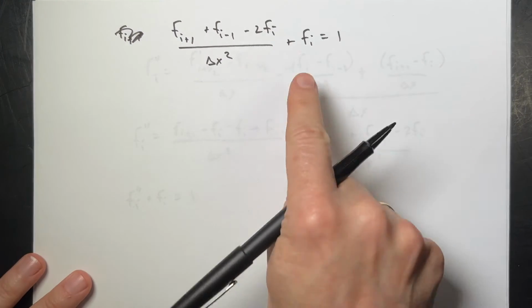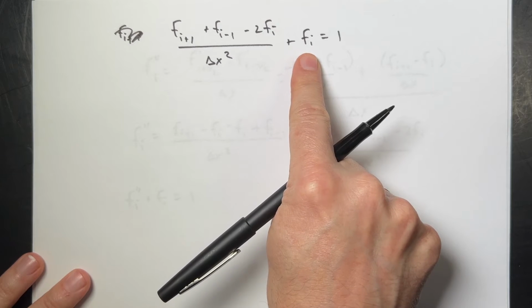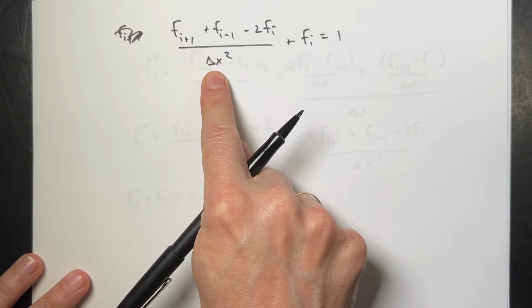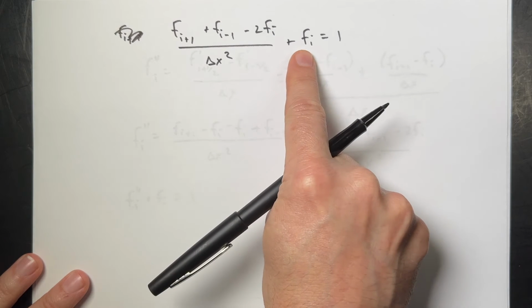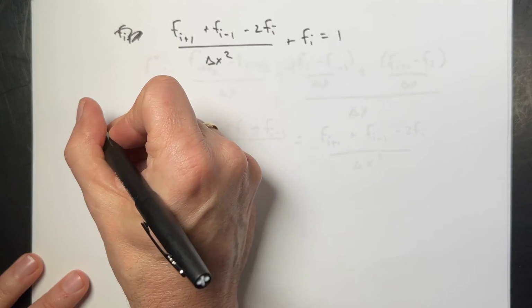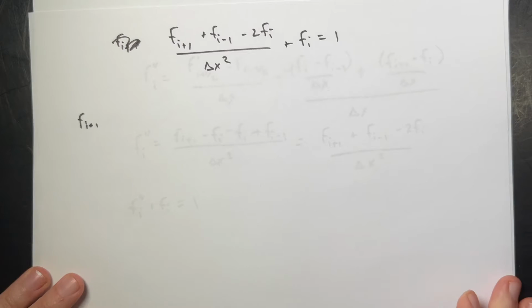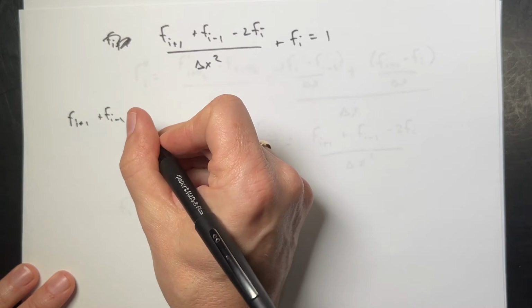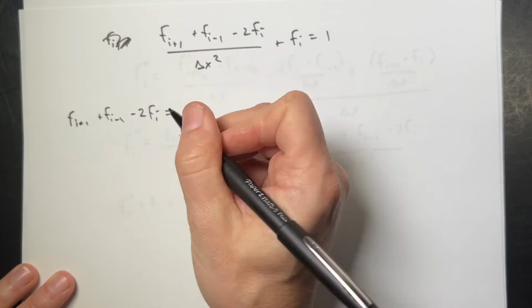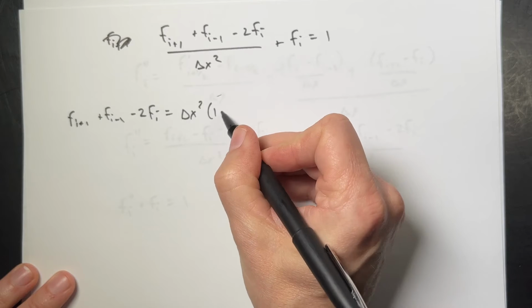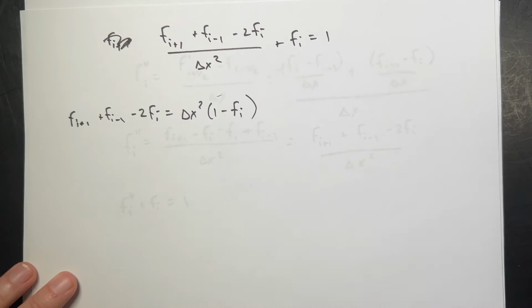Now I want to solve this for f_i. So let's multiply both sides by delta x squared, and I'm going to subtract that. So I get f_{i+1} + f_{i-1} - 2f_i equals delta x squared times (1 - f_i).